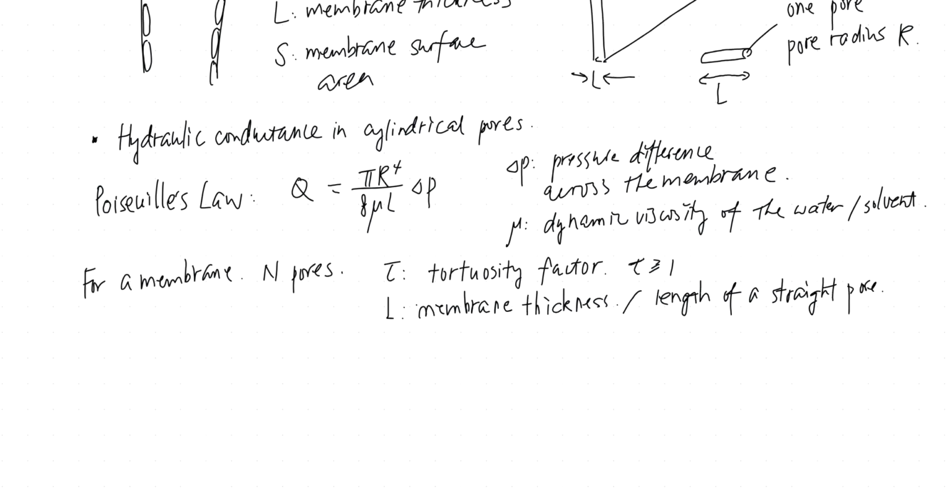So now we can define L_R, let's call it tau multiplied by L. This is the length of a non-straight pore.